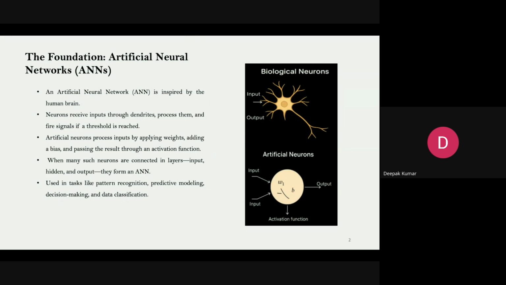Like neurons receive input from the dendrites and activate their signals, and based on that the human brain makes decisions. Similarly, at a very small level, because here we deal with a limited number of neurons, we try to mimic it and make decisions based on this limited number of neurons, right?